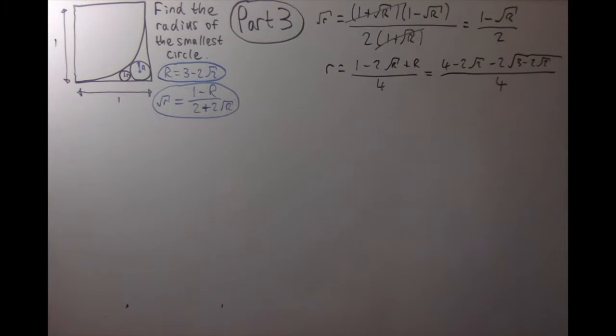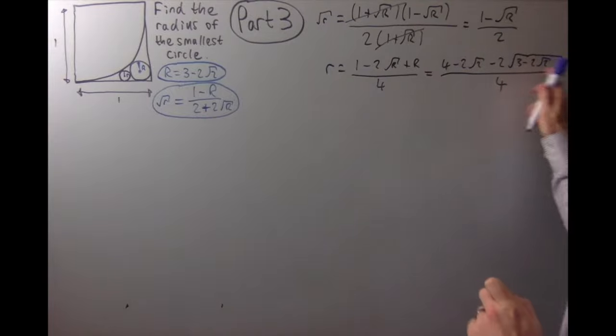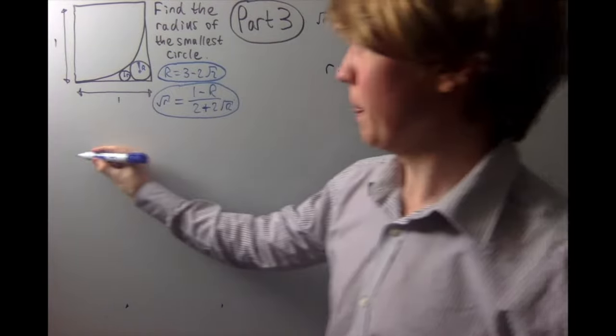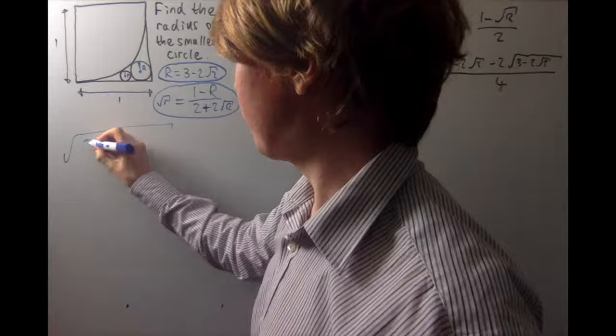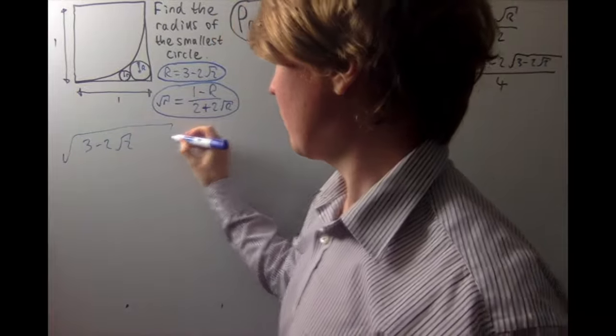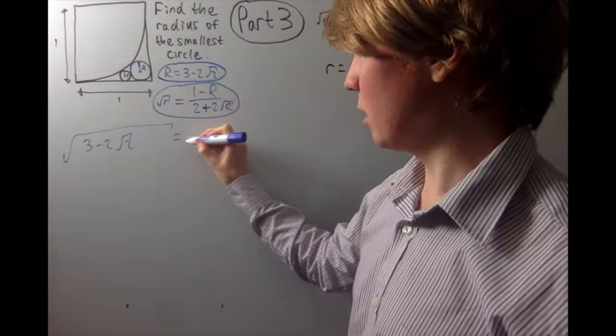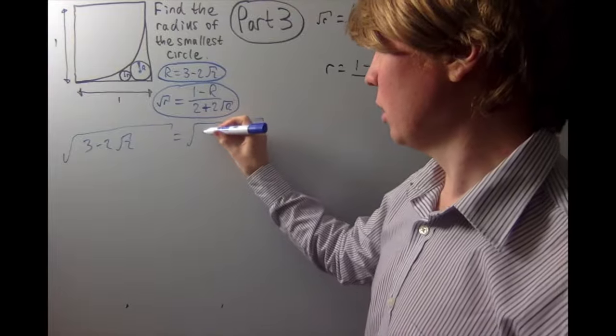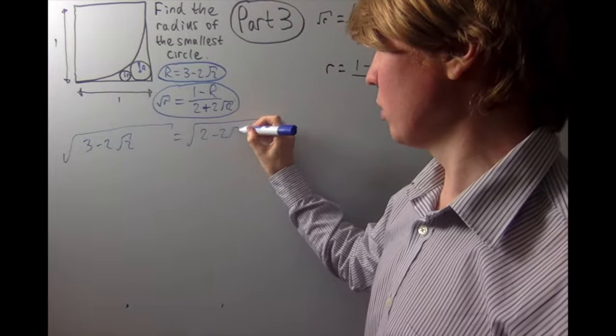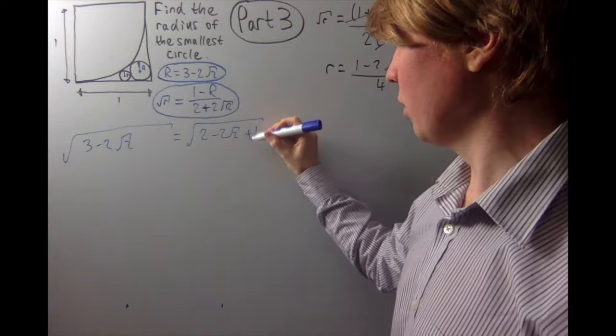If I go over to the other side here, what we'll notice is 3 minus 2 root 2, we have the square root of that. Let me write this as the square root of 2 minus 2 root 2 plus 1.